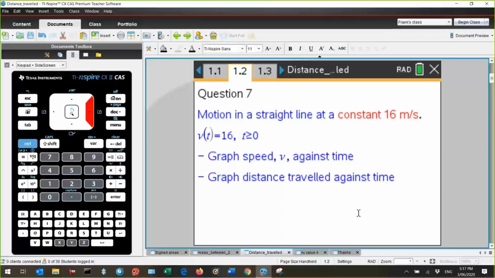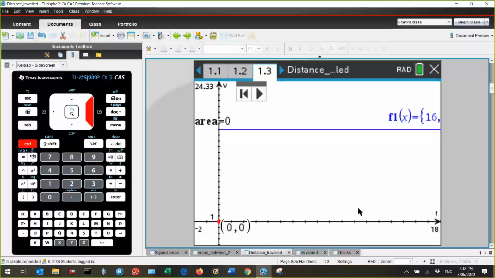It's always 16. We're going to graph v against t, and we're also going to graph the distance travelled against time. So I've got my graph here. My graph equals 16, and over here I can see the area.